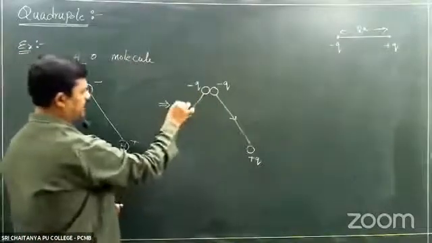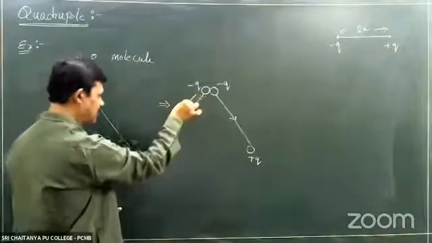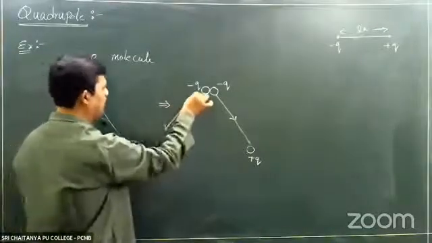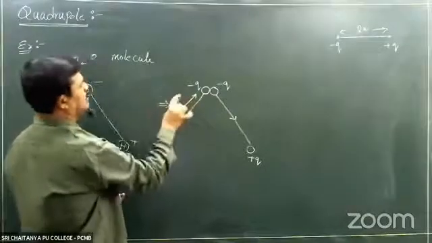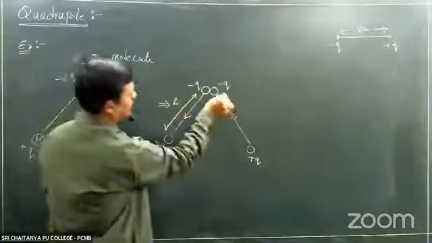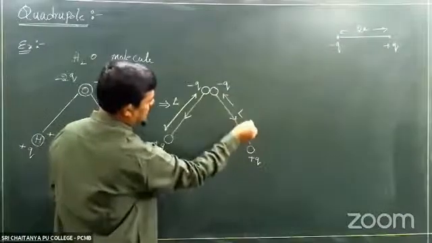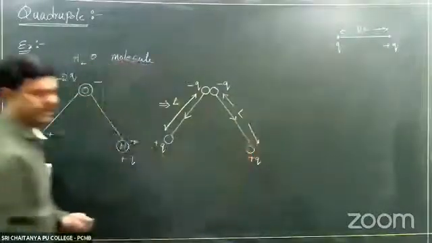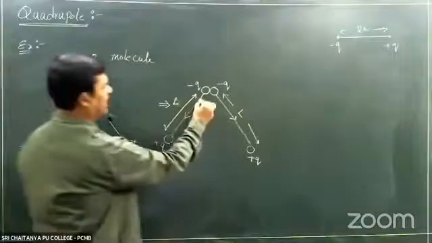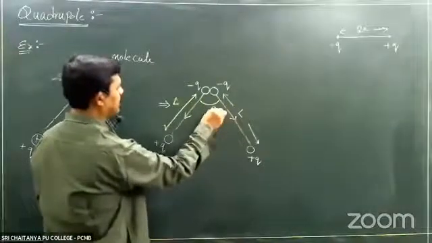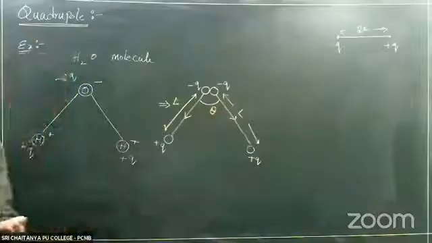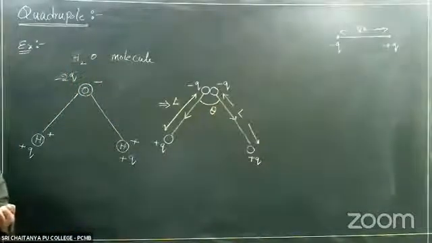Dipole moment direction. See, there is a bond length. This length they provide. Let us say this is some L. So from here to here also, this is L, right? There is some bond angle. Angle also they give. Let this angle be theta, right?